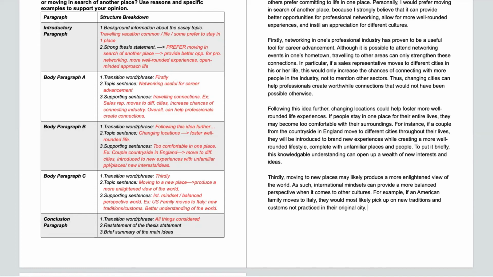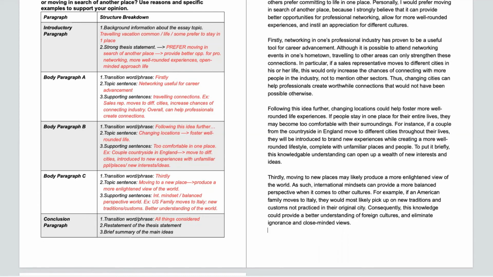And so to sum that up, I'm going to say, consequently, this knowledge could provide a better understanding of foreign cultures and eliminate ignorance and closed-minded views. This is something that I sort of just thought of when I was thinking of this line here, better understanding of the world.